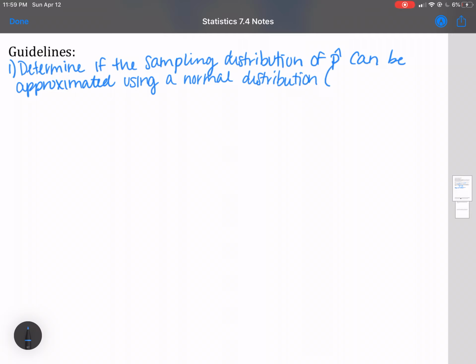Okay, and remember that's when we check np is greater than or equal to 5 and nq is greater than or equal to 5.